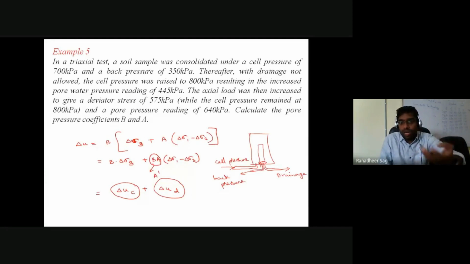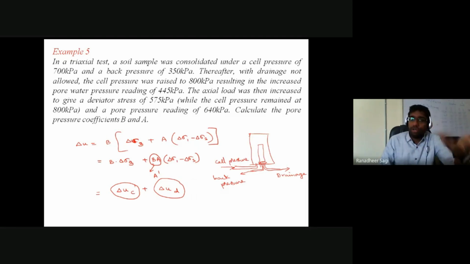When I measure the pore water pressure in that soil sample, I got a value equal to 640 kilopascal. When a confining pressure of 800 kilopascals was applied, the pore water pressure in the soil sample was 445 kilopascal.